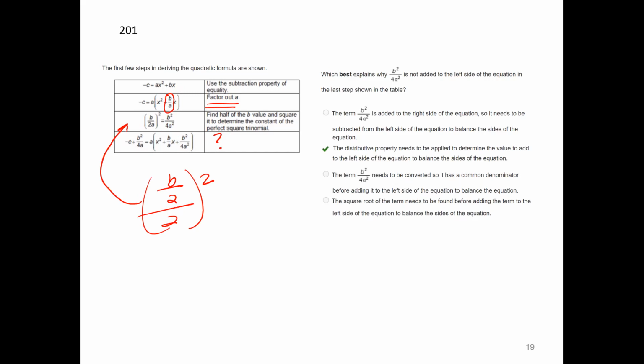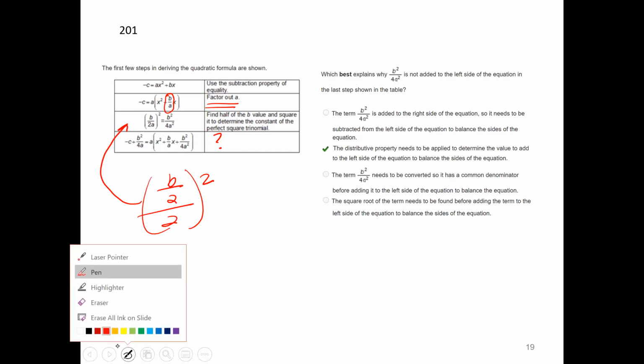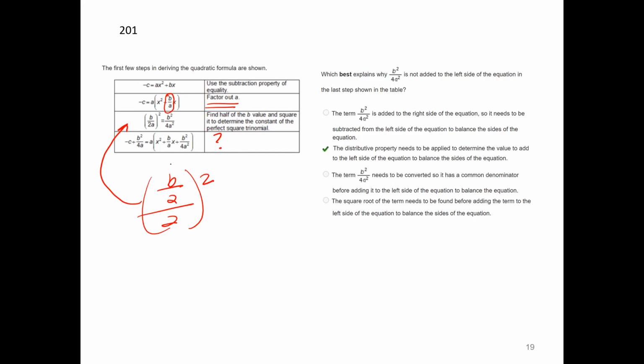Then the very last part, what you need to do is take the A right there. You need to distribute the A and add the new number on both sides.